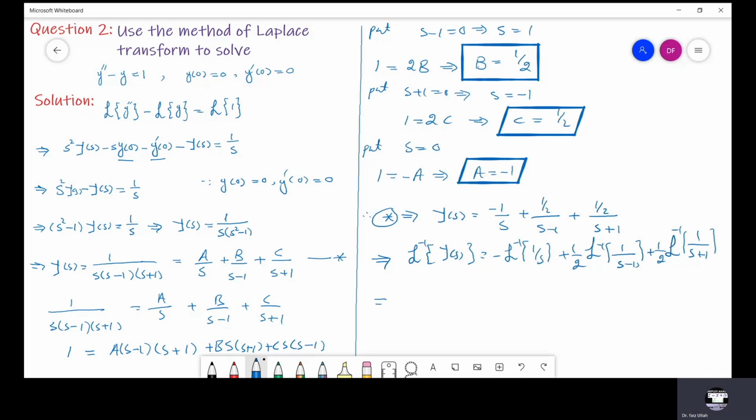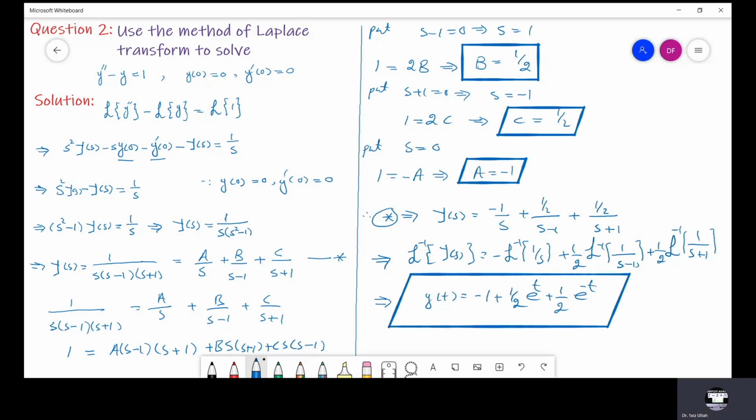So from this we obtain that this is y of t, and L inverse of 1 over s is 1, so minus 1, plus 1 over 2 e power t, plus 1 over 2 e power minus t. And that is the required solution of this problem.